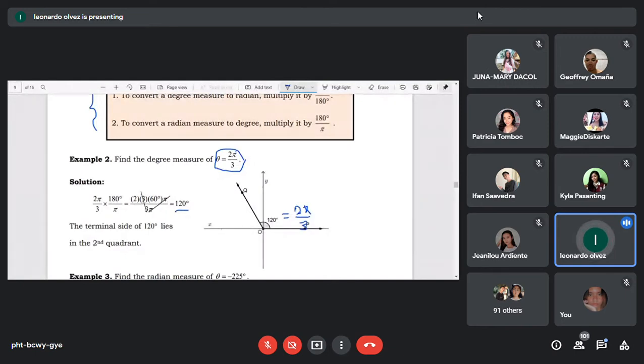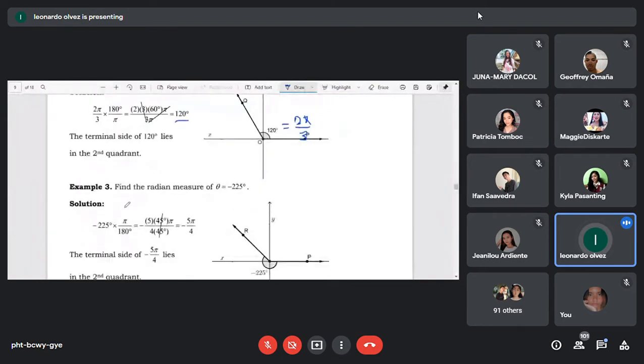Example number 2, again, radian to degree. Let's have example number 3. Find the radian measure of theta equal to negative 225 degrees. This time the given is in degrees, so we are going to convert it to its radian measure.